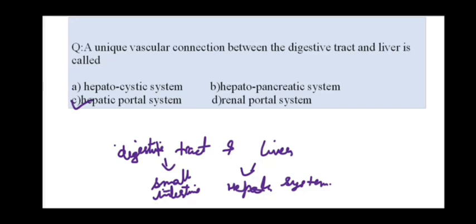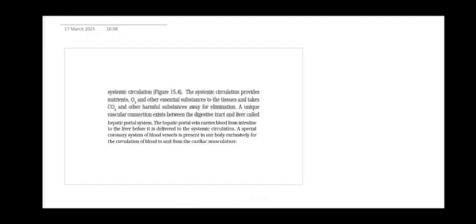Now we will study about the hepatic portal system, what it is and how it works. See the NCERT line given here. The systemic circulation provides nutrients, O2 and other essential substances to the tissues and takes CO2 and other harmful substances away for elimination.